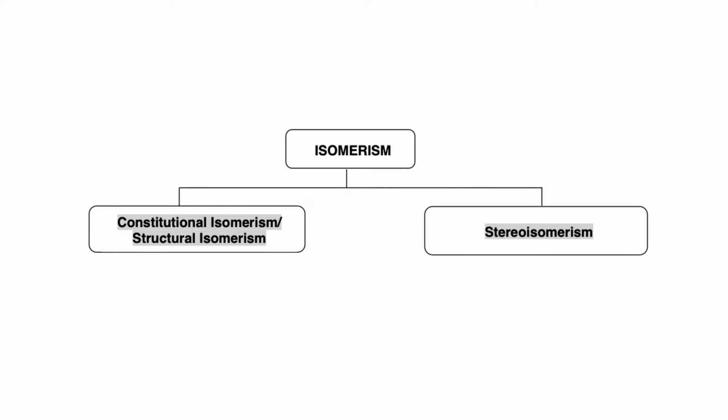In your syllabus, we have two types of isomerism. The first one is constitutional isomerism, also known as structural isomerism. The second one is stereoisomerism. Now, in this video, I will only cover constitutional isomerism. For stereoisomerism, I'm going to do it in the next video.